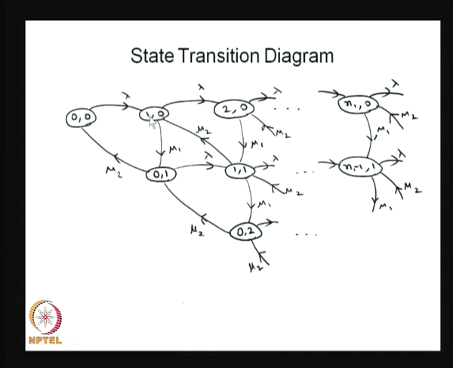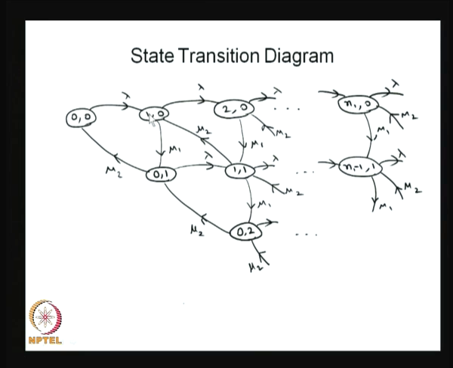Whereas, after one customer is already in the first node, there is a possibility that the server in the first node completes the service before one more arrival into the first node.